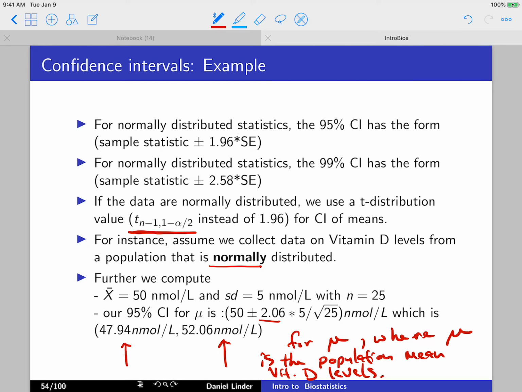Remember that the t distribution is valid if we're assuming that our population is normally distributed, and there are formal ways to determine if there's evidence either for or against that assumption. Okay, and additionally, what you'll see out here is this other number, and that's going to be the standard error for this particular example.